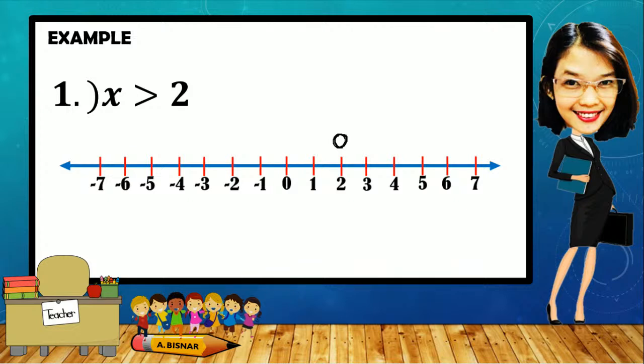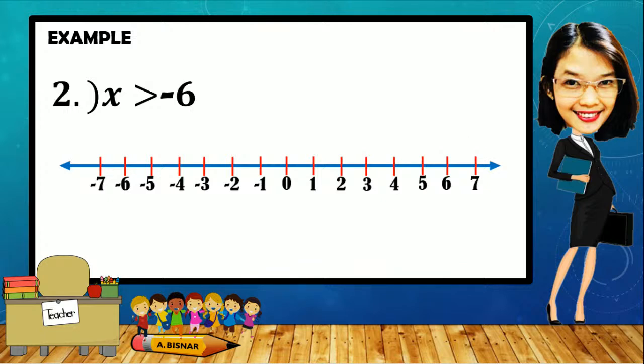So, we will draw a line na papunta doon sa positive infinity. And this will be the answer. Again, this is linear inequality in one variable using graph or using a number line.